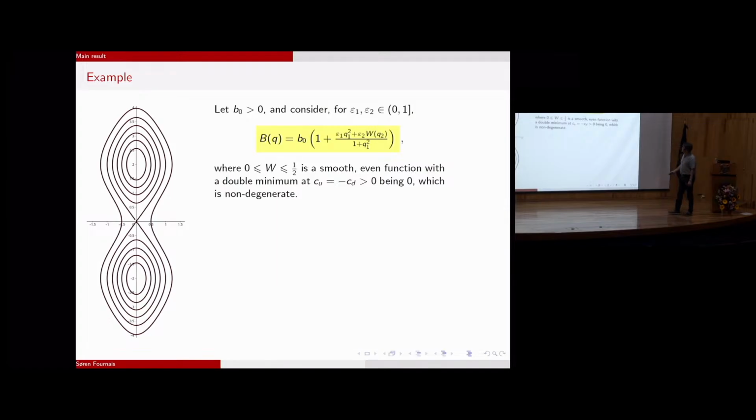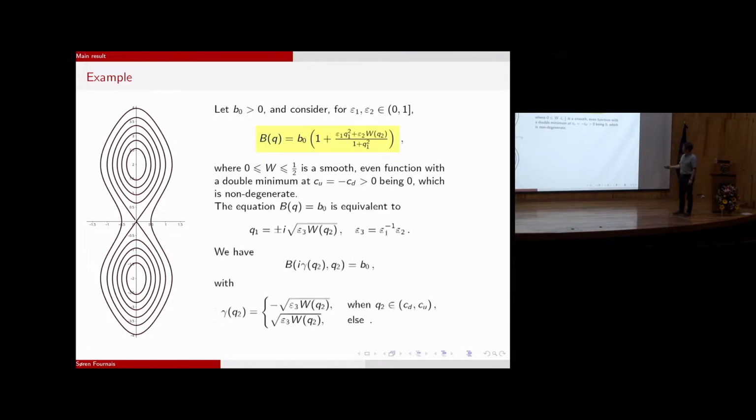Okay, so that's my setting: a double well in one coordinate, a single well in the other, and I have 2 points here, which in the drawing are -2 and 2, but those are called C up and C down. So C down would be down here, and C up would be this point up there.